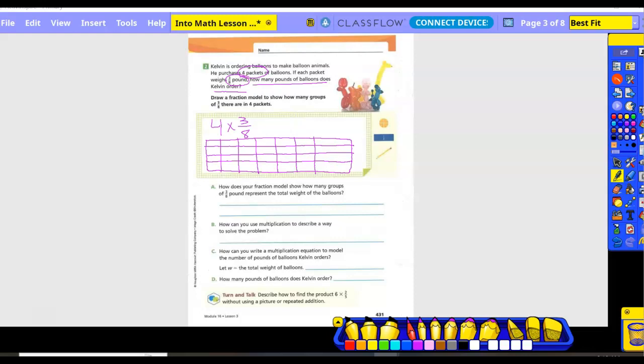And this time I went ahead and wrote it horizontally instead of vertically. All right. So you can do it either way, just as long as you have however many pieces you need. How many of each of those do I need to color in? What's my numerator? 3.